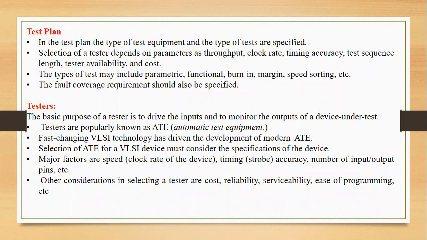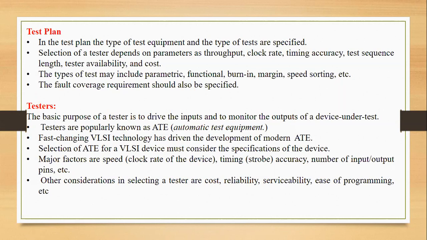Next, the type of test may include parametric, functional, burn-in, margin, speed sorting, etc. So the type of test can be sorted as functional operation, functional parameters, burn-in operation, margin operation, or speed sorting.